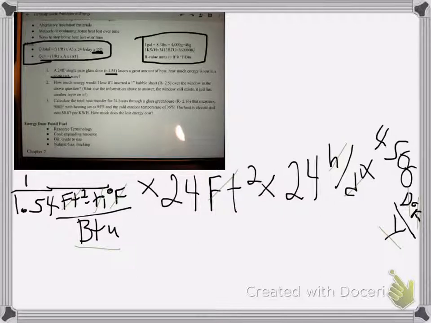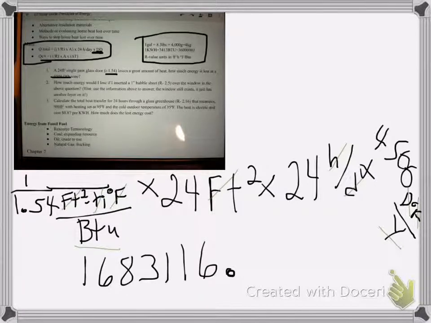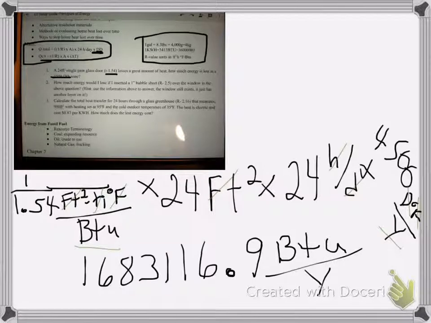So I plug the whole problem into my calculator, and I get 1683116.88, so I'm going to round up to the 9, and that is BTUs per year. That's my answer for question 1, and I'm going to clean up my page, and then we'll start question 2.